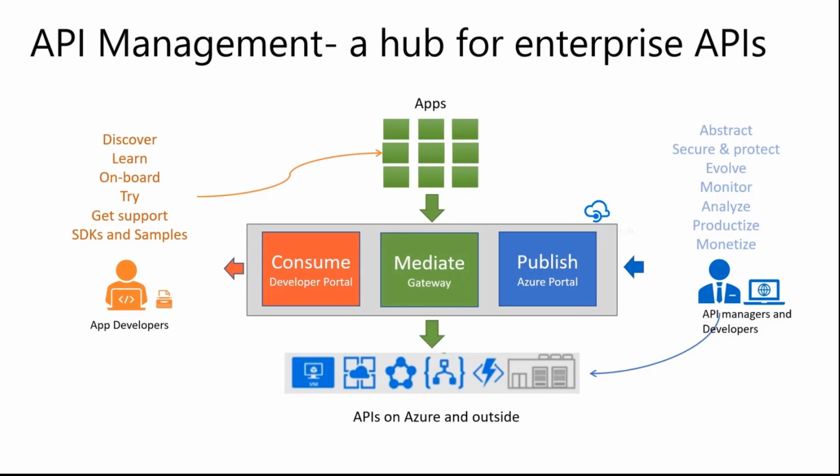You also want to make sure that it is easy to update and make a new revision or version of your API. And at the same time, if you are an app developer, which most of us are going to be, you need to know what APIs are available and how you can consume them. All of these features are provided by APIM fairly easily.